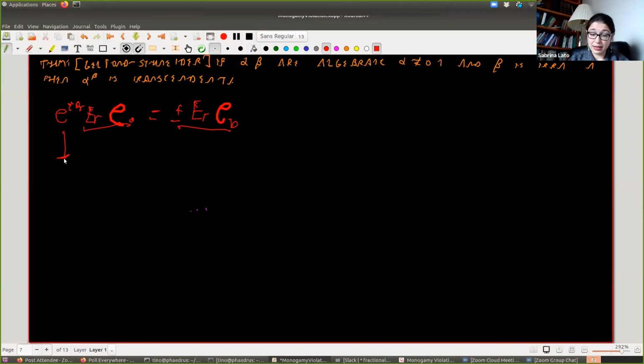And that means that for theta r, theta s in the eigenvalue support, e to the t theta r, e to the t theta s are algebraic.